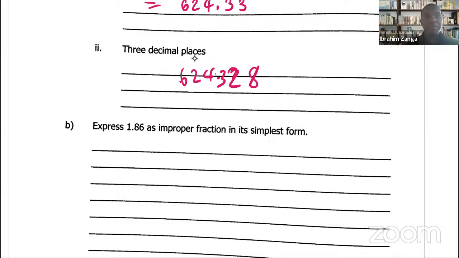You know that an improper fraction is when the denominator is less than the numerator.